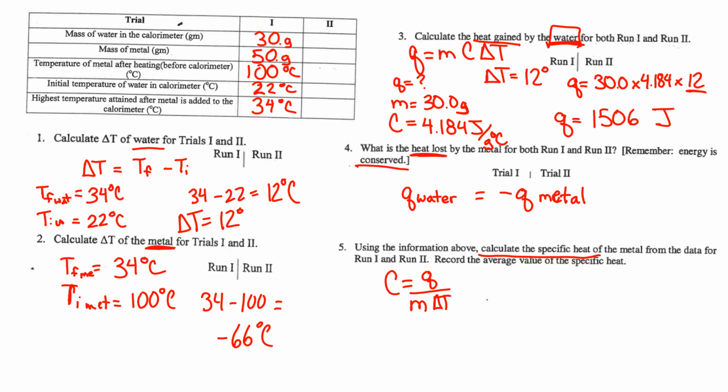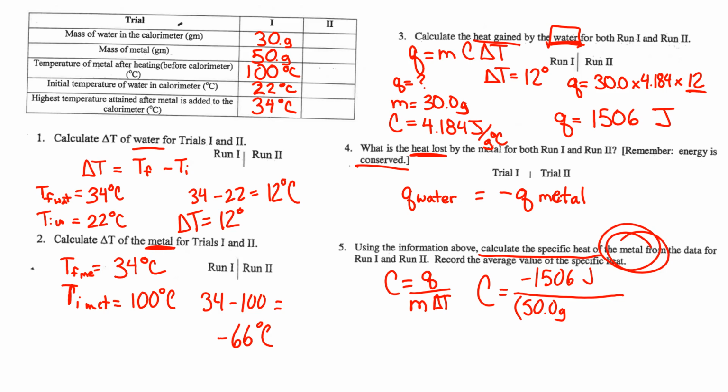All right. And so now I'm going to go ahead and plug everything in, and it should make sense, and this is why we don't end up with a negative number for C. So my Q is negative 1,506 joules. My M, I'm going to look back at the mass of my metal, was 50 grams, because we're looking at the metal now, not the water anymore.